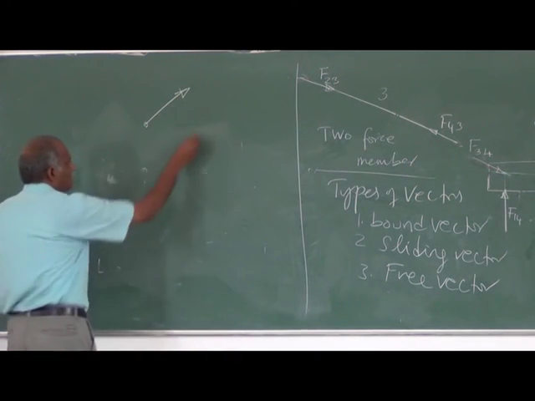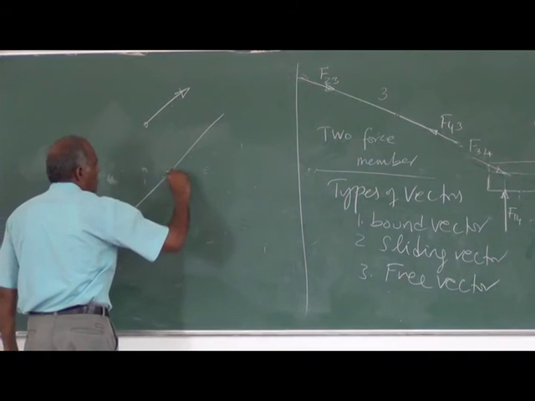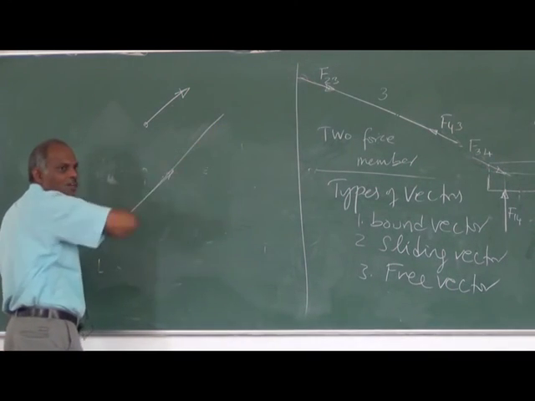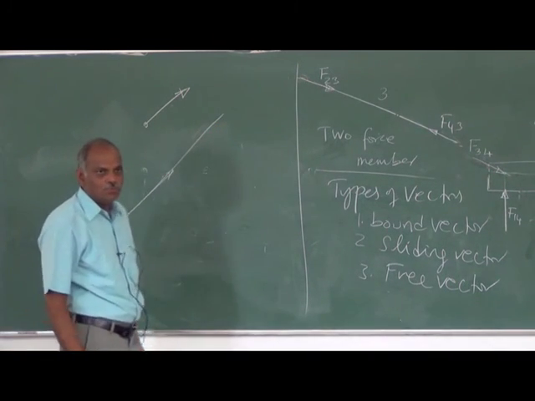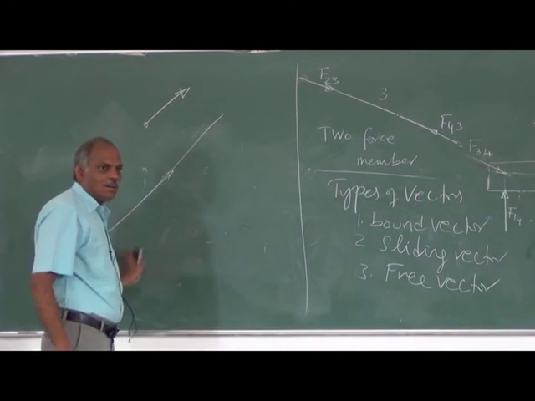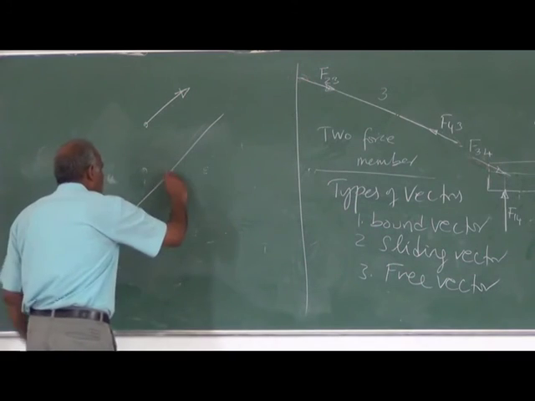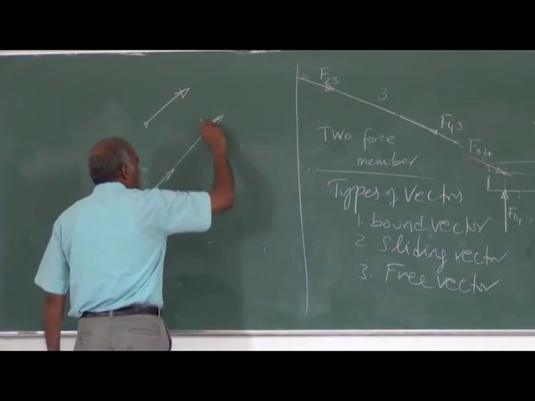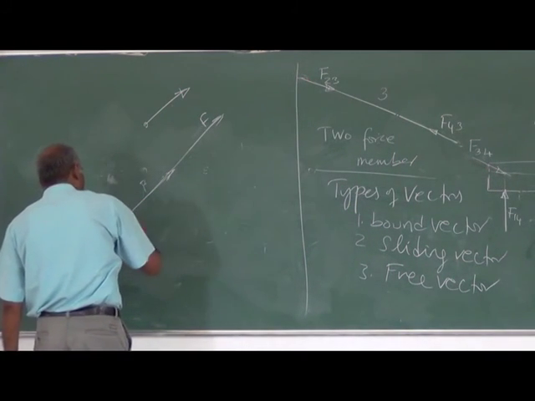If it is a sliding vector, the vector can be moved along the line, along this direction. It is permitted to move along the line of action. It can be here, here, or here.